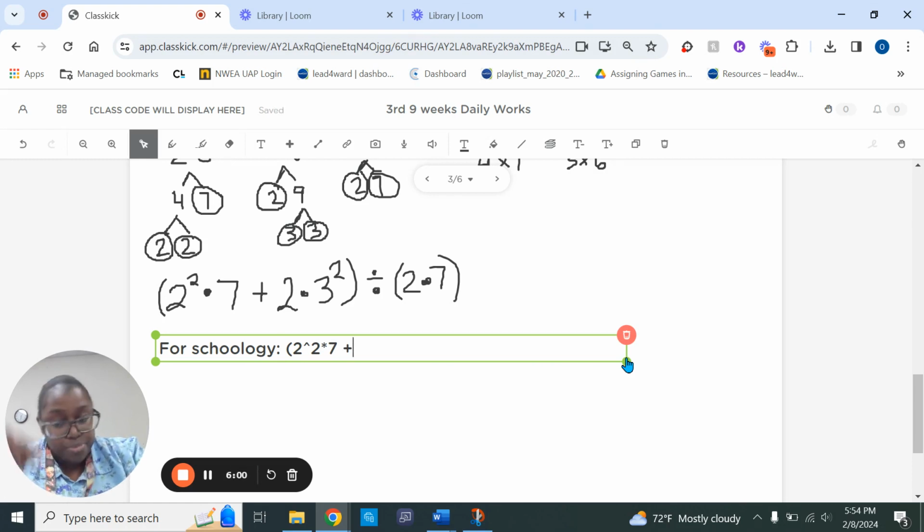Shift plus, or shift equal, because it's above the equal sign, space, 2, shift 8, 3, shift 6, 2, shift 0, slash, shift 9, 2, shift 8, 7, shift 0.